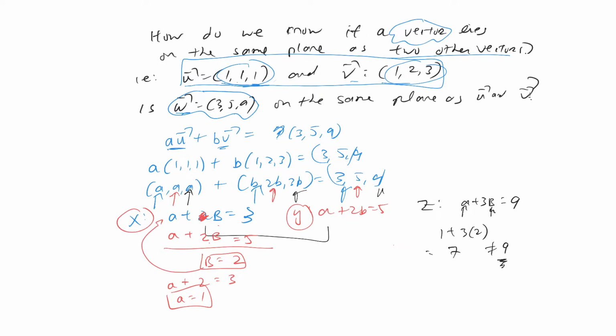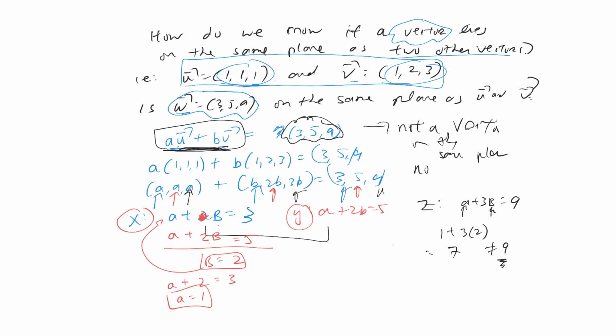So 3, 5, 9 is impossible to get from a linear combination of these 2 vectors, because 3, 5, 9 is not a vector produced from the linear combination. That means 3, 5, 9 is not a vector on the same plane, meaning it is not coplanar to vectors u and v.